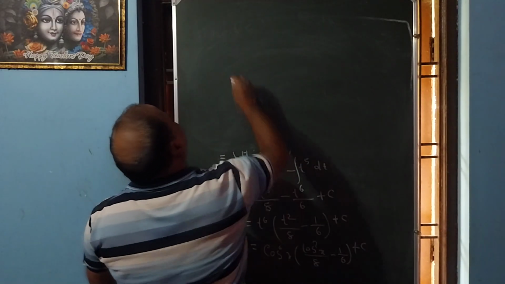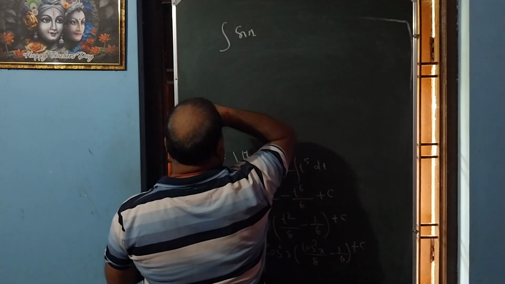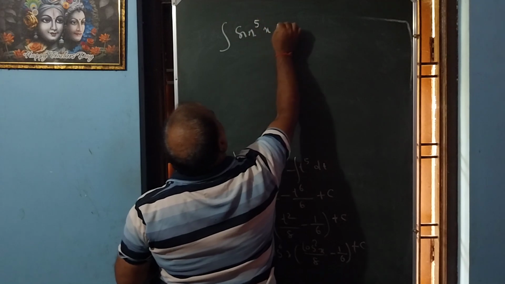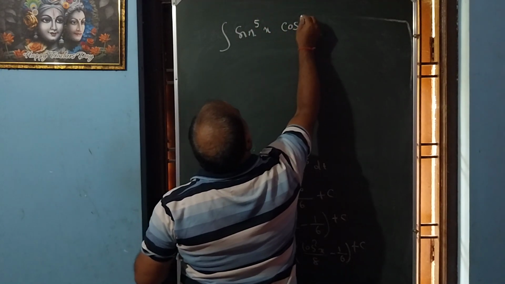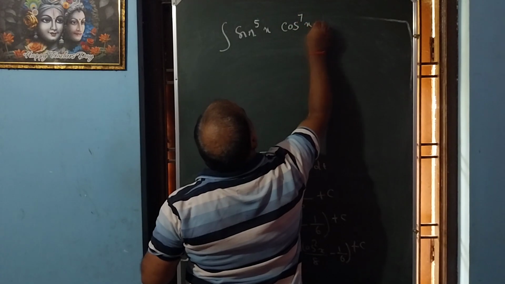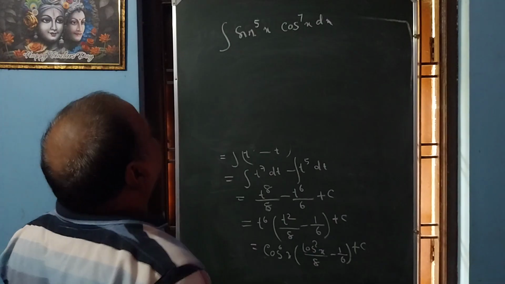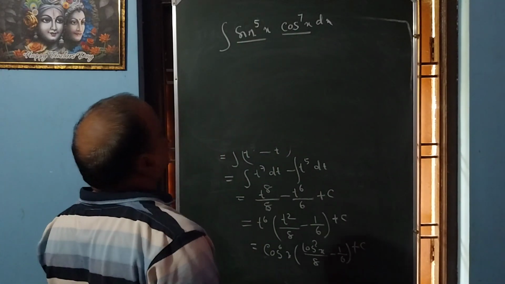Now, the integral of sin⁵x into cos⁷x dx. Here you see that the power of sine is less than the power of cos, 7.